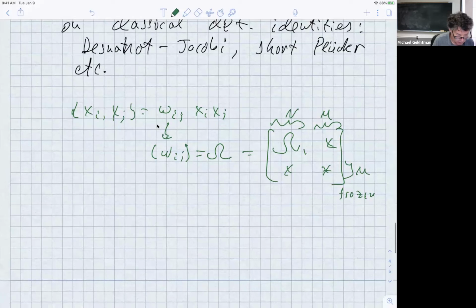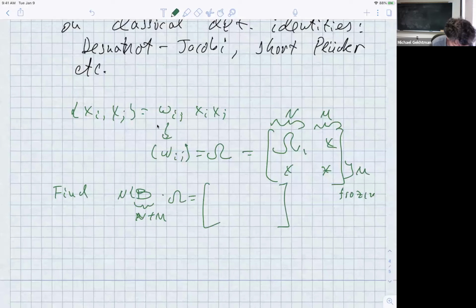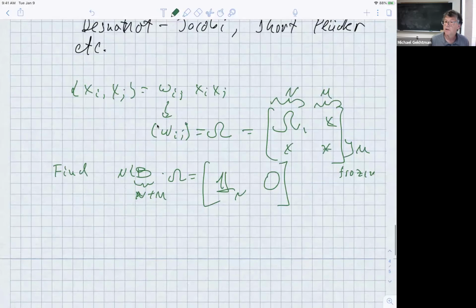Under a non-degeneracy condition, it's always possible to find a matrix B, which is n plus m by n, such that B times omega is equal to the identity of size n and then 0. Up to scaling, this B will be integer with pluses or minuses in it.